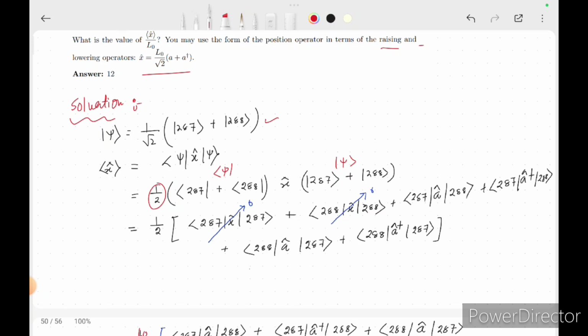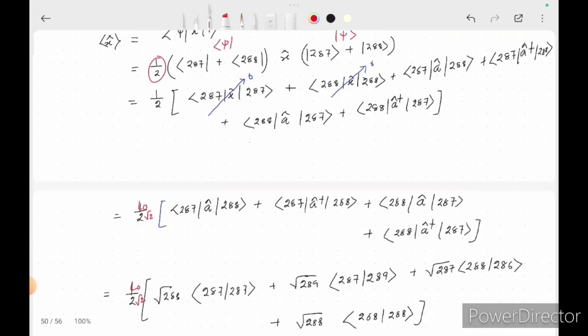From these 6 terms, the first 2 terms are actually 0 because they follow the orthogonality conditions. So that's why these 2 terms are 0. Now we use the remaining terms. Now we put in the value of x cap.